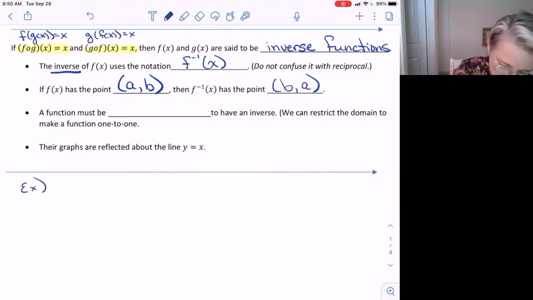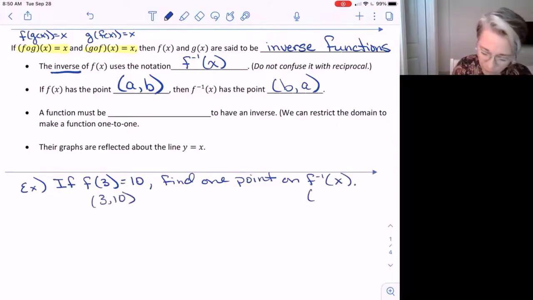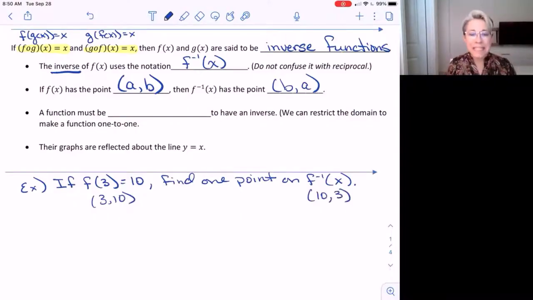Let's say I said, if f of 3 equals 10, I would ask you to find one point on f inverse. Well, if f contains the point (3, 10), then f inverse would contain the point (10, 3). It's a real easy point or two on a test, but a lot of people miss it. But this is a basic foundation here.